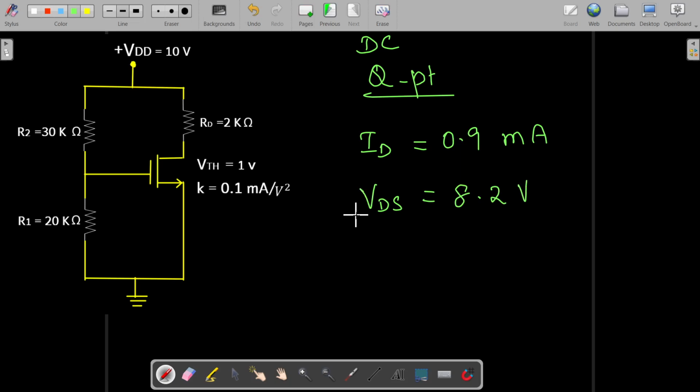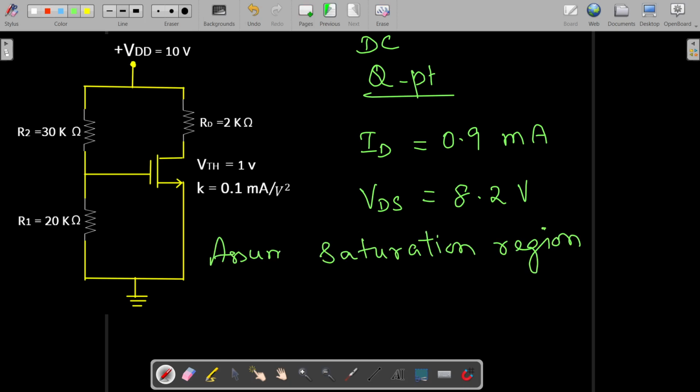The other thing we need to check is that we have done everything based on the assumption that this particular NMOS FET is working in the saturation region. So we assume this, and after that we need to verify it. In the saturation region, VDS sat is to be calculated.